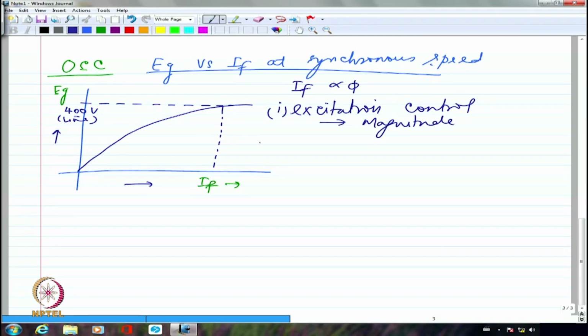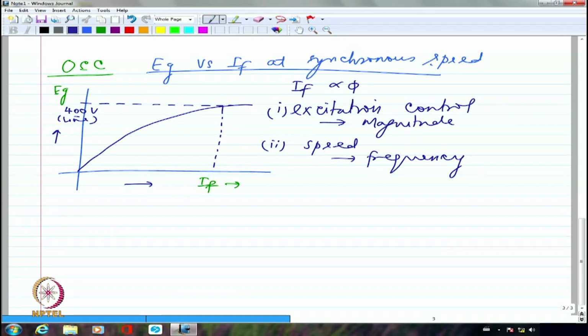And the second one is speed. The speed will be controlled by adjusting the prime mover speed itself, and speed control will adjust the frequency. Whenever I want to synchronize a generator with the grid, I have to look at these things first, whether they are matching or not.